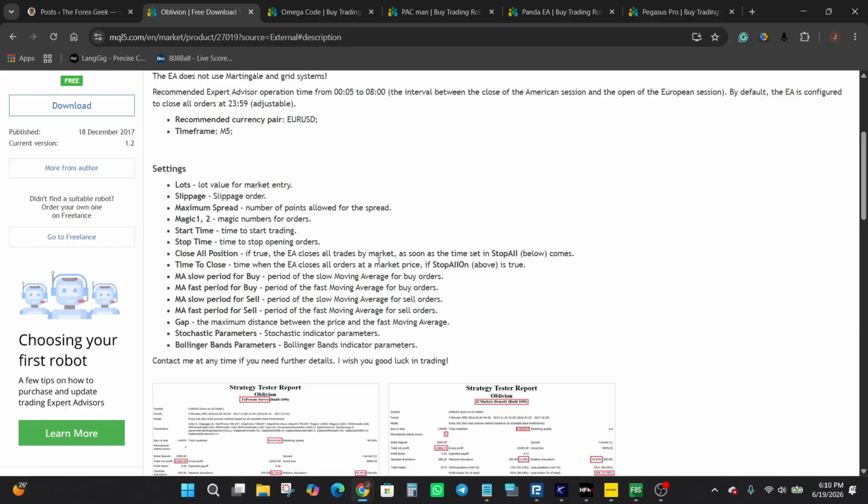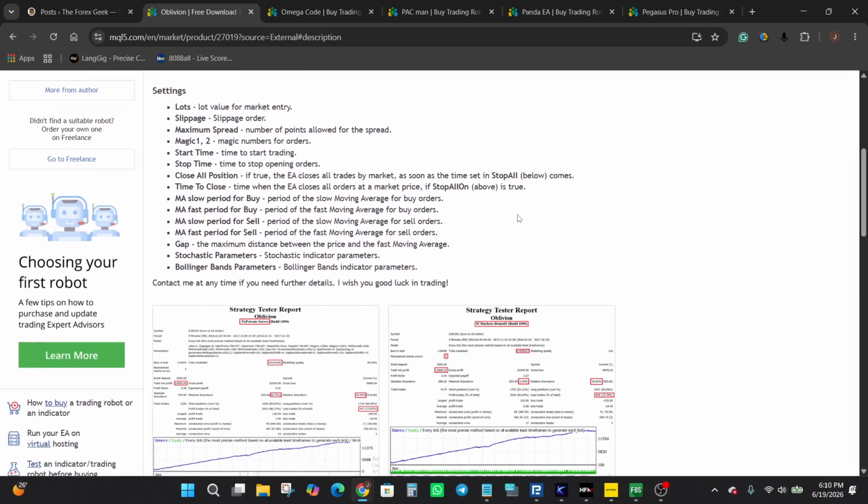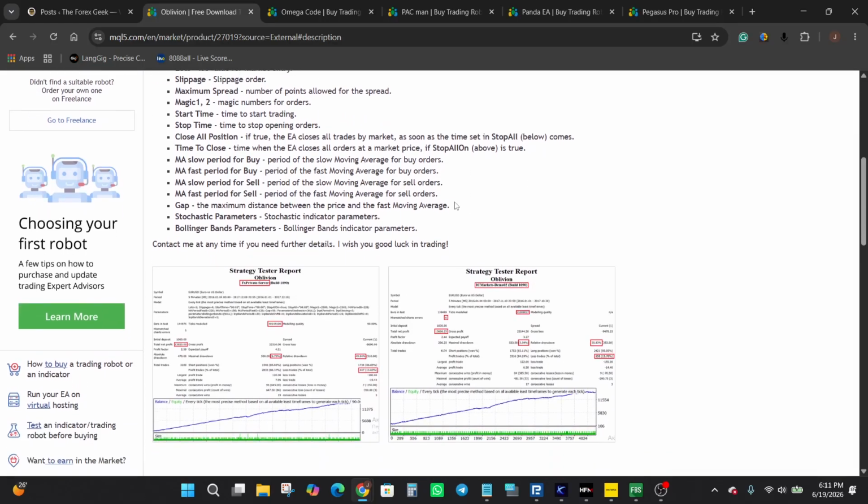Beyond that, there are customizable moving average parameters for both buy and sell conditions, a gap setting that controls the maximum distance between price and the fast moving average, as well as adjustable stochastic and Bollinger Bands parameters. Now let us move over to the backtesting section and examine the historical testing performance.